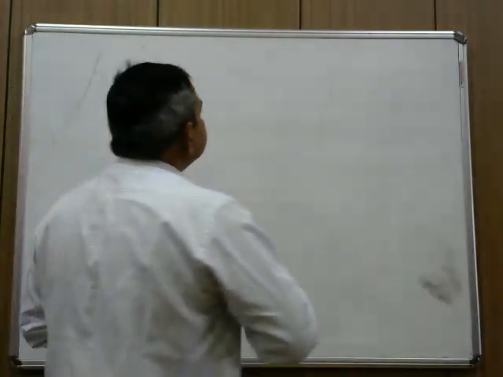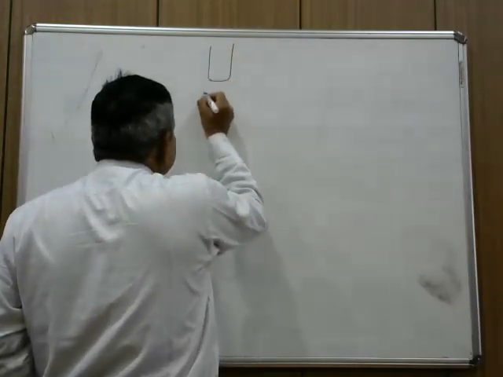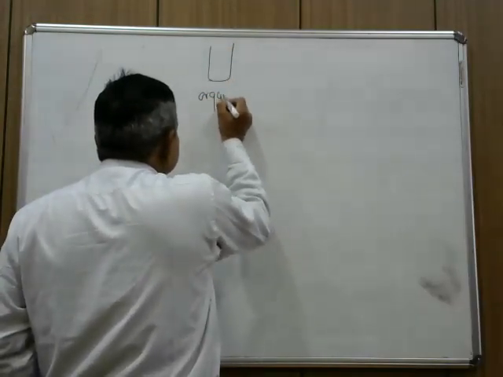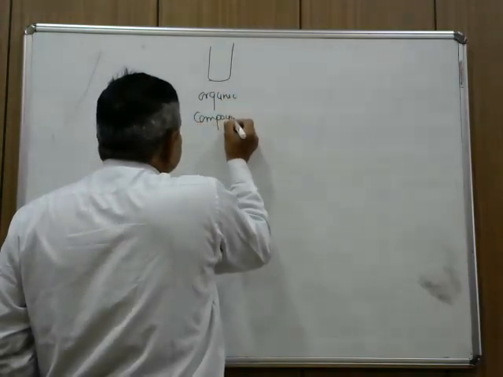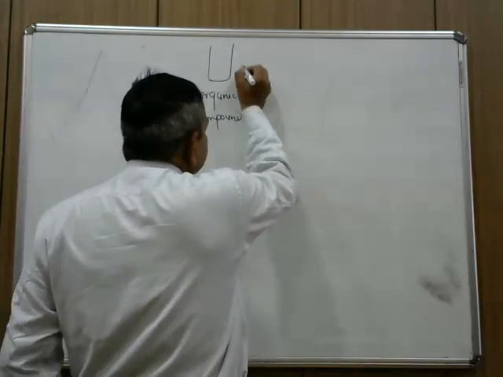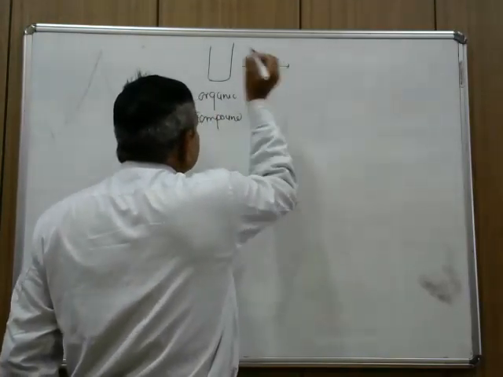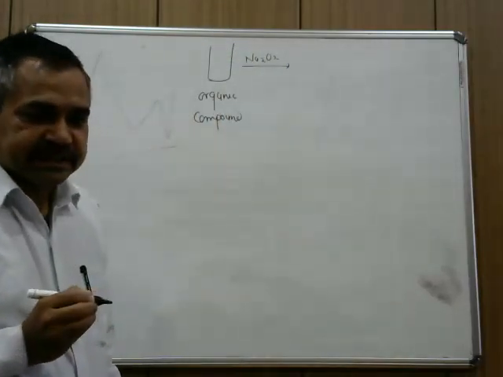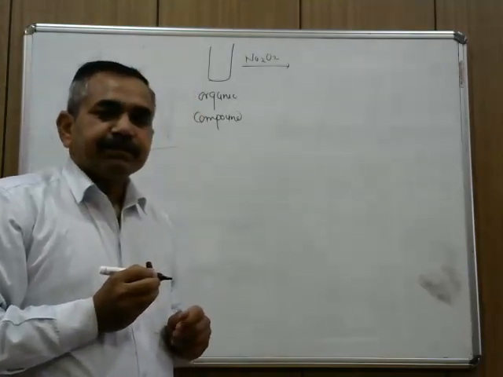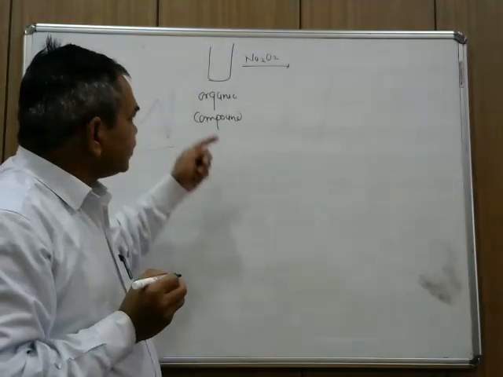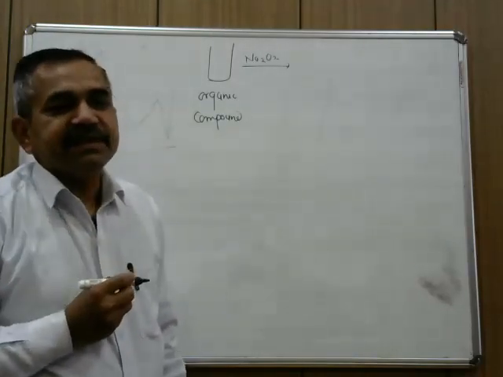We take a little amount of organic compound. This is the organic compound. When this is heated with Na2O2, sodium peroxide, as a result of this heating, phosphorus that was present in this organic compound is oxidized to phosphate ions.